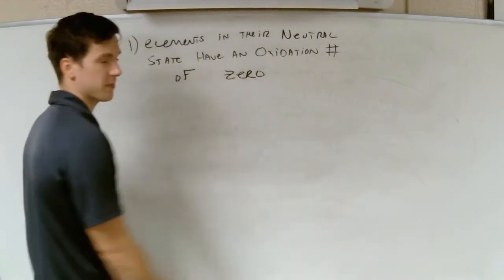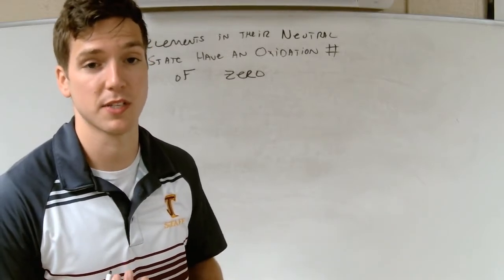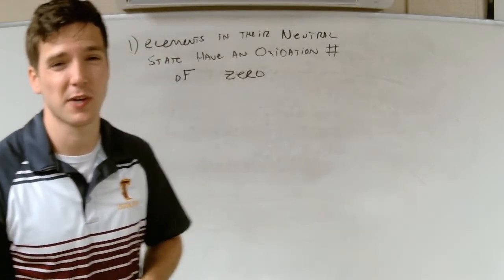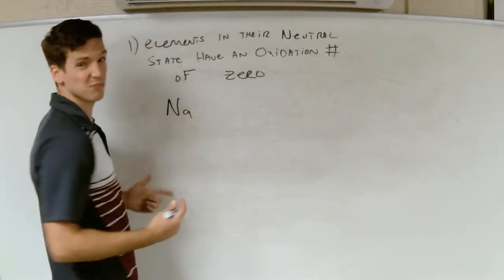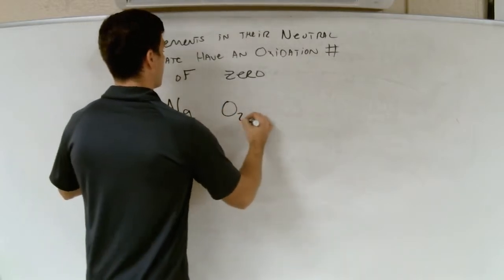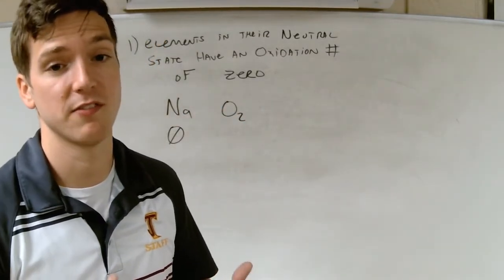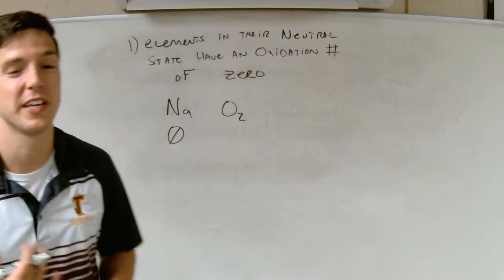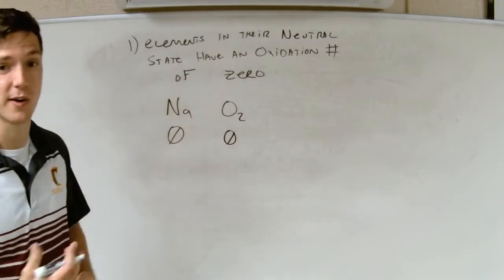So when we see compounds or atoms that are by themselves that don't have a charge, we're just going to assume their oxidation number is 0. So something like Na, no charge listed, we'll just say its oxidation number is 0. O2, we are giving the oxidation number on the individual atom. So each of those oxygens is just going to have an oxidation number of 0 as well.